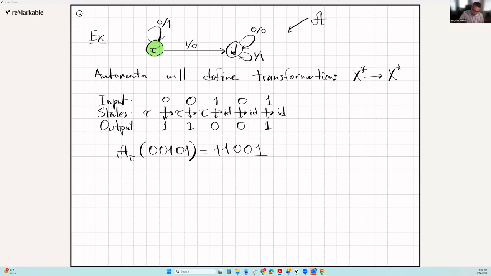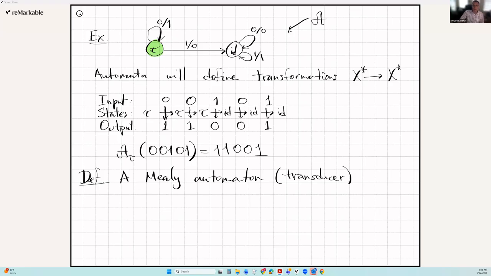Okay, so this is how it works informally. Now let's give a formal definition. So what is an automaton? A Mealy automaton or transducer.